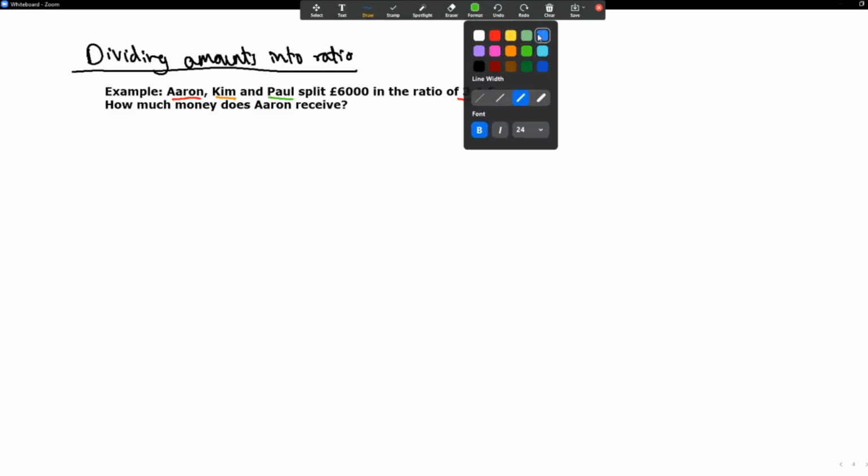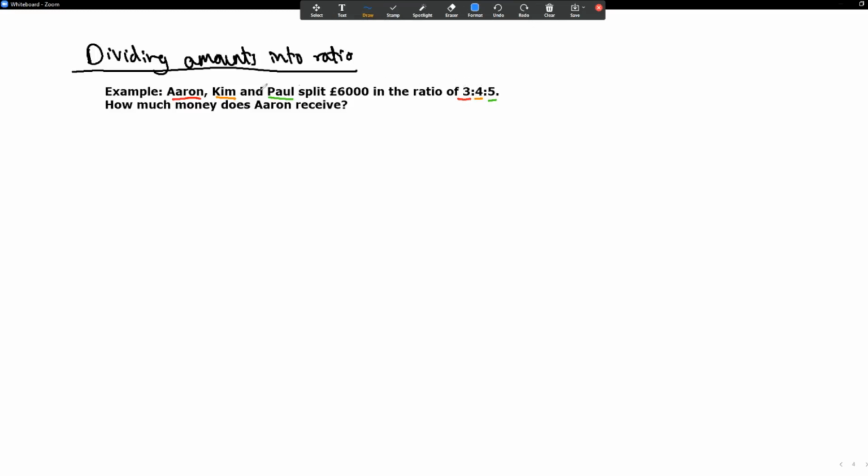So what we want to do is find the red ratio, because we want the money that Aaron receives. So how do we convert this into the real value? Well, we don't actually know how much each receives, but we do know the total amount that they split.